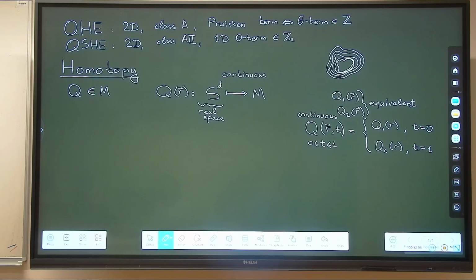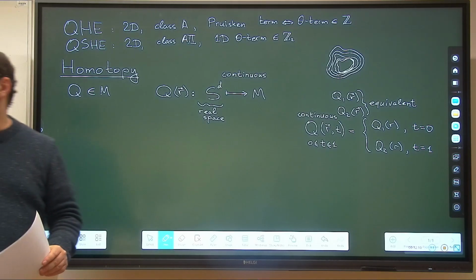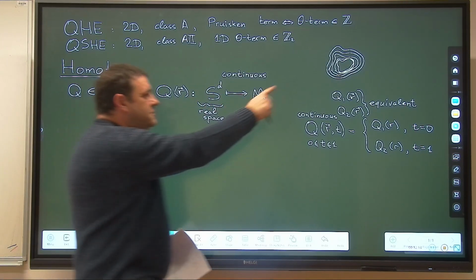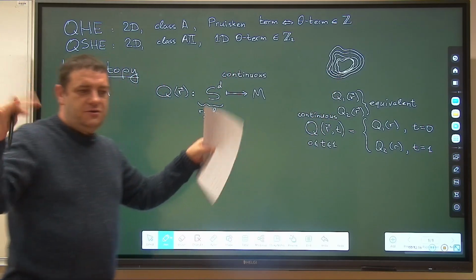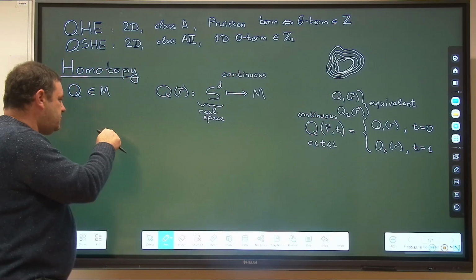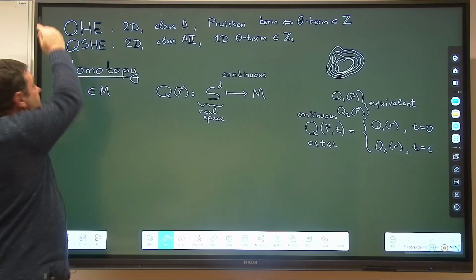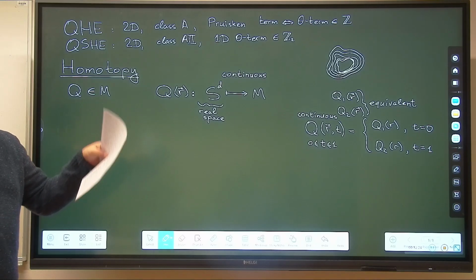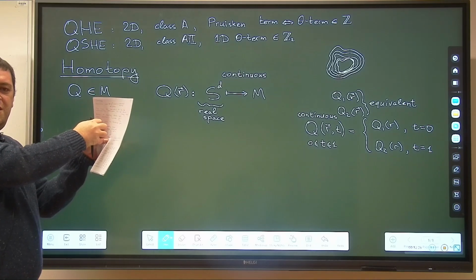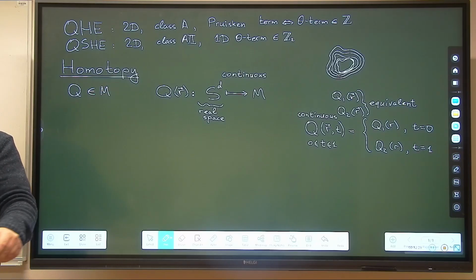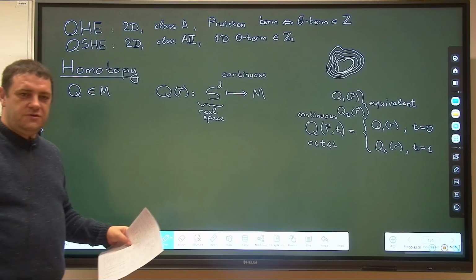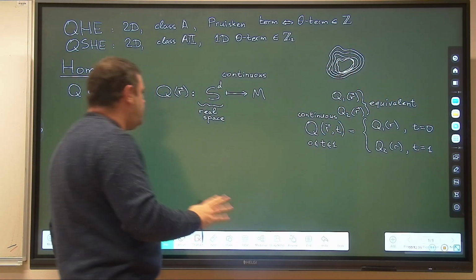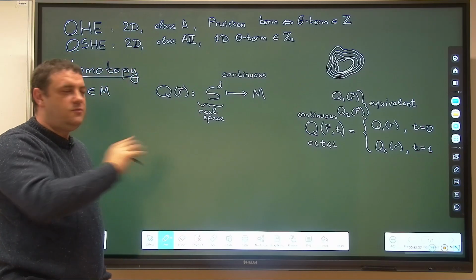In principle, on this board there is only one homotopy class with respect to S1, because any loop that I draw here I can continuously shrink to a single point. And if I have two such loops, I can shrink one to this point and then undo this and make the second loop. So there is a continuous transformation between any two loops on this board, so it's only one homotopy class.